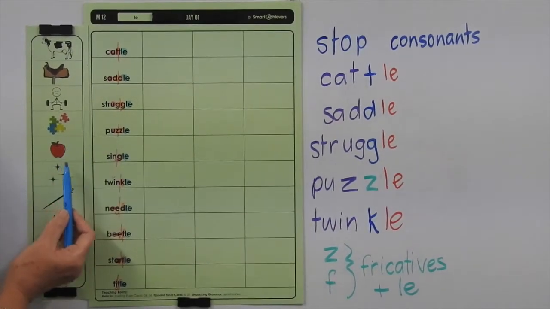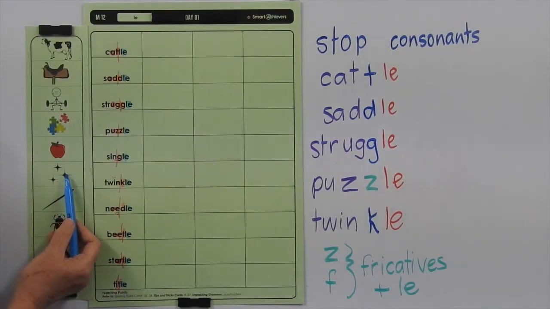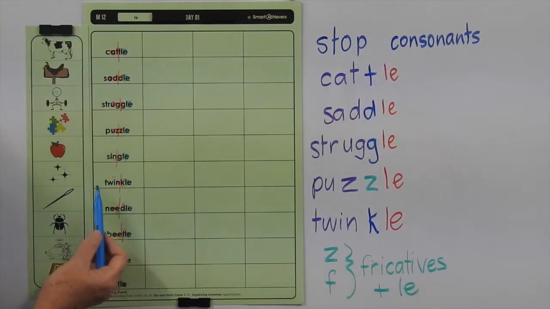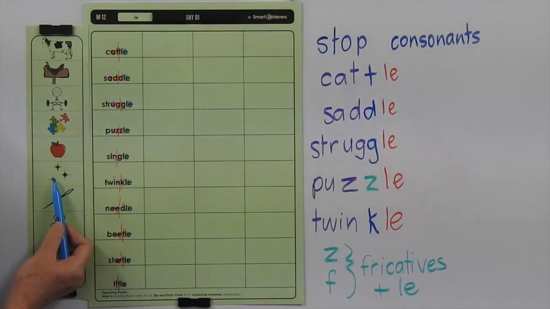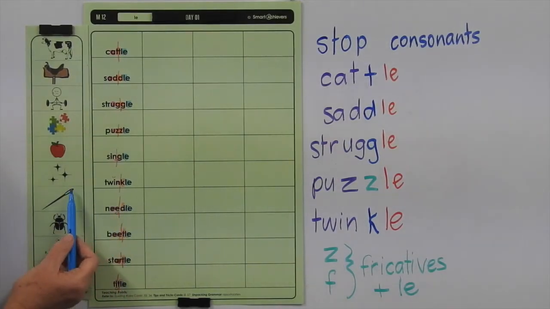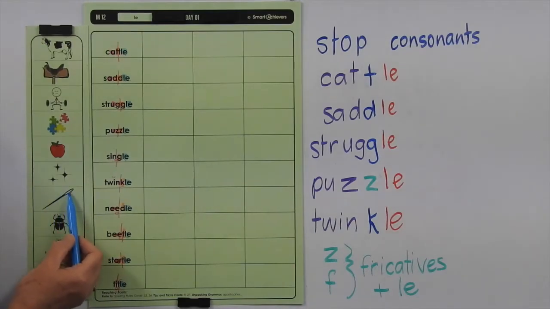Single means one. Twinkle means something sparkling or twinkling, glistening. Could be other words to describe twinkle. There's a nice nursery rhyme that you might remember, twinkle, twinkle, little star. Needle could be an implement that we use, and we put a thread through it or cotton through the eye of the needle to sew with it.